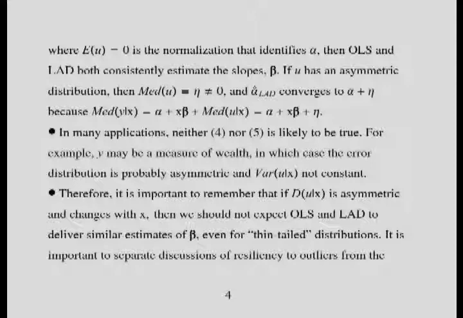Of course, the intercept will generally be different because if u has an asymmetric distribution, then the intercept for LAD will converge to alpha plus eta, and of course the OLS estimate of the intercept will converge to alpha.